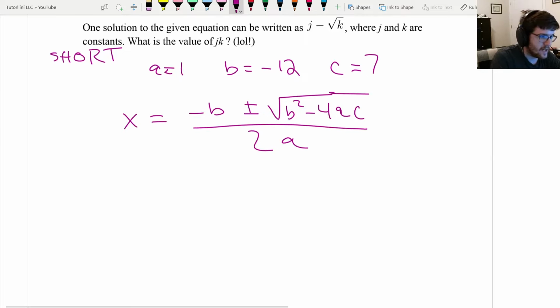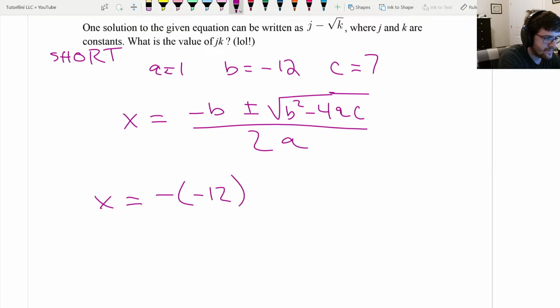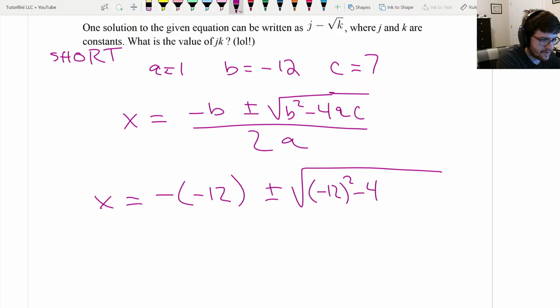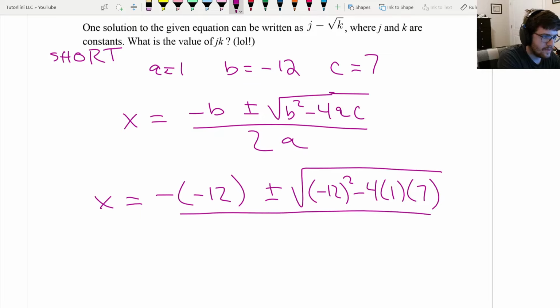And next we're going to plug in those values without doing any math. So negative 12 plus or minus the square root of negative 12 squared minus 4 times 1 times 7, over 2 times A, so 2 times 1.